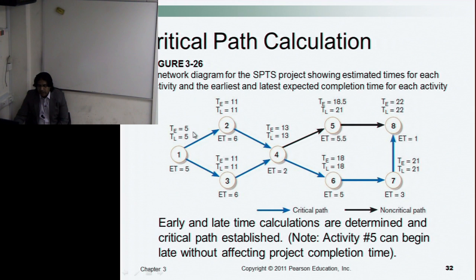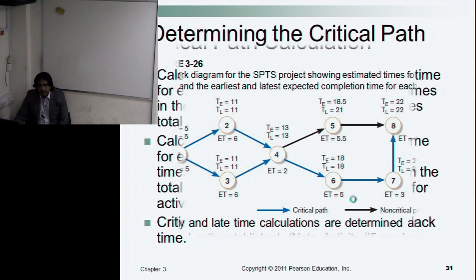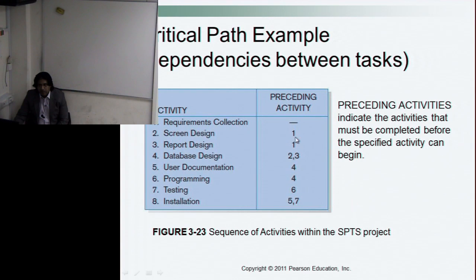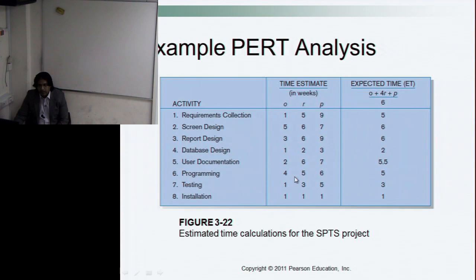Now, you can see here that an activity is labeled with 3 different numbers. One is the expected time, and this expected time was actually given in the earlier table: 5, 6, 6, 2, 5.5, 5, 3 and 1.